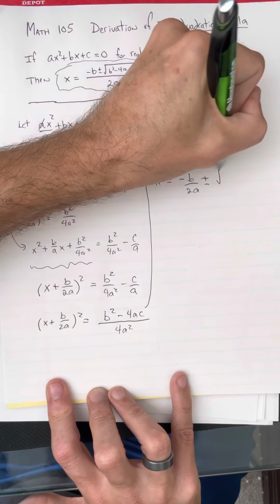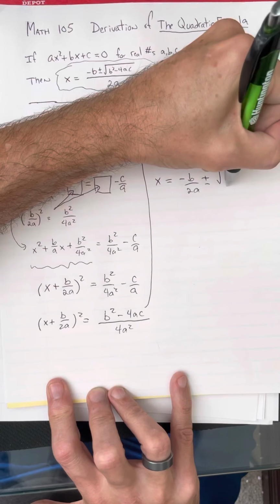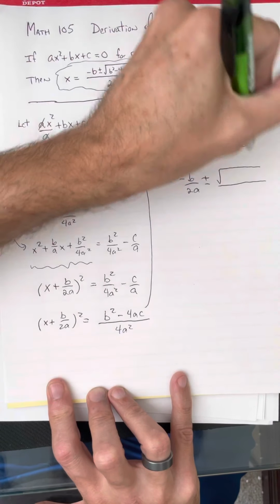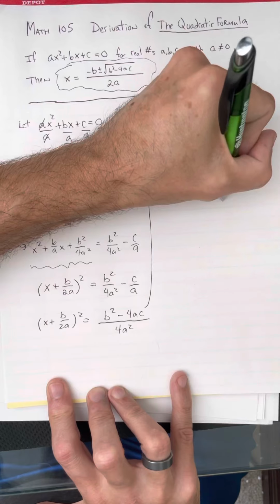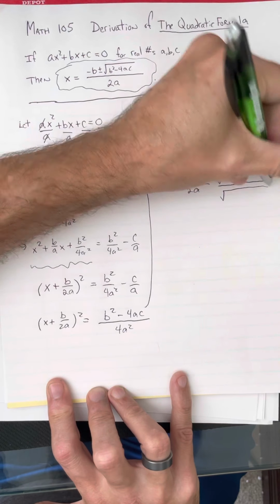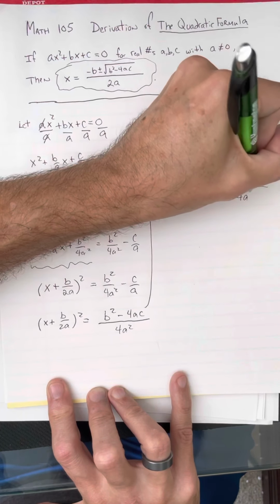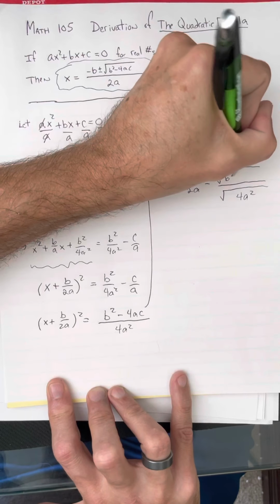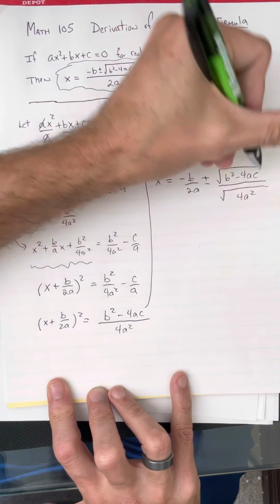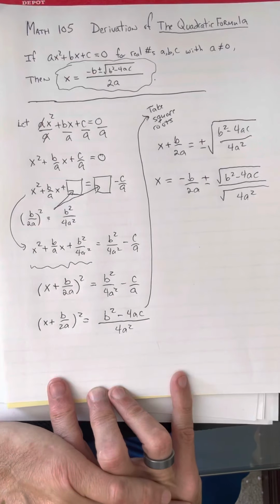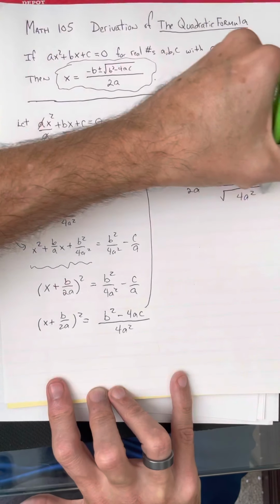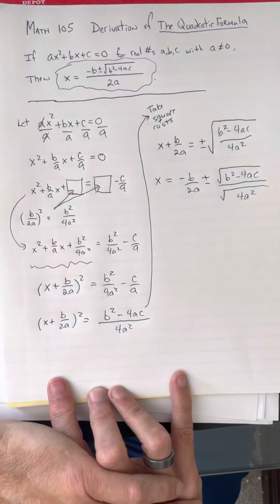And let's split this. If you have the square root of a quotient, that's the quotient of the square roots. So I can do this. Now, believe it or not, this thing simplifies.